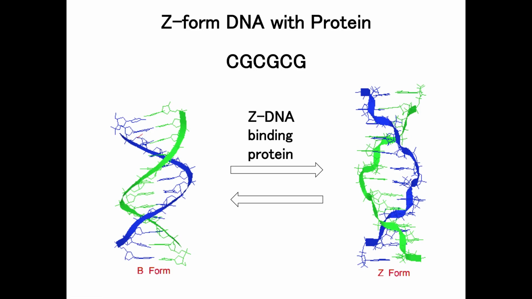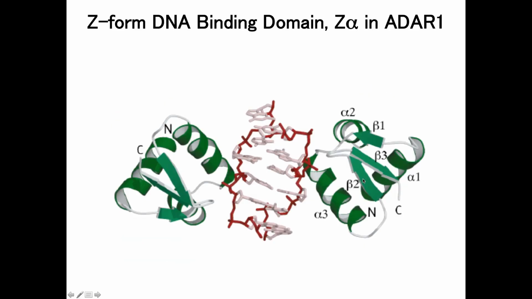And especially, we know the Z-form DNA binding protein. If this Z-form binding protein binds to B-form DNA, this protein can induce Z-form DNA. This is the X-ray structure of such a Z-form binding protein with DNA.